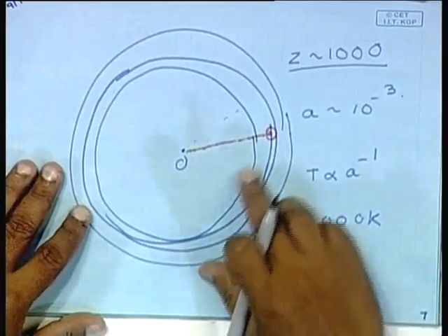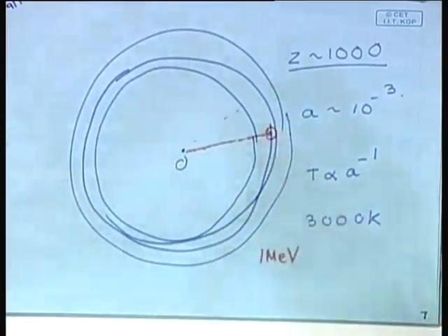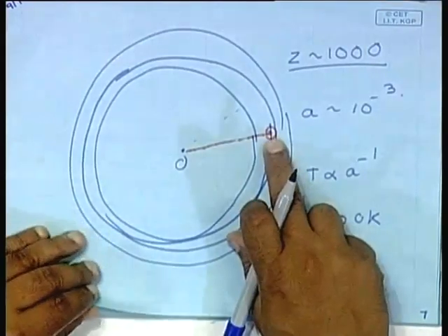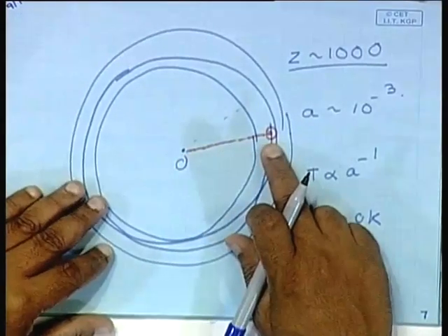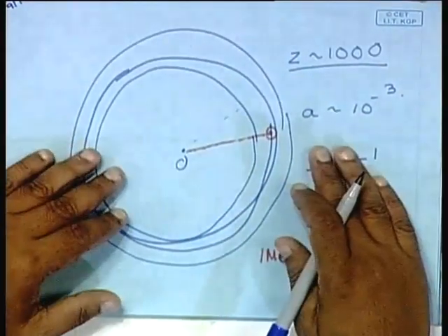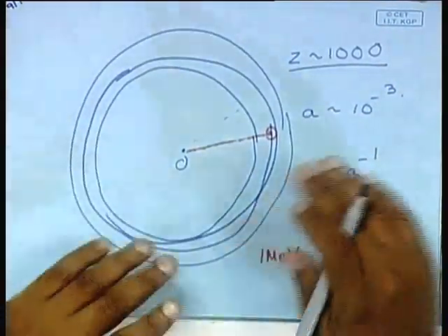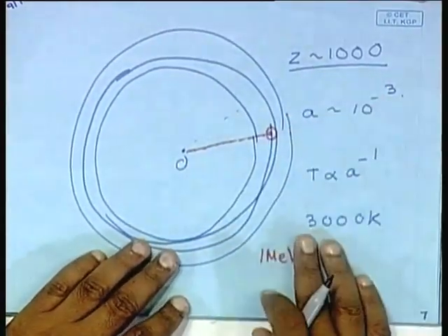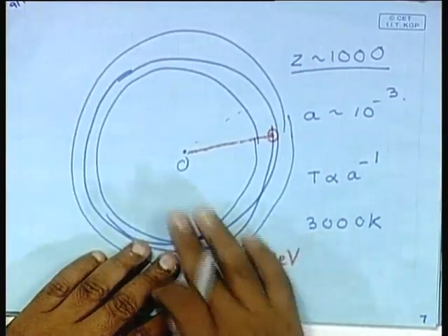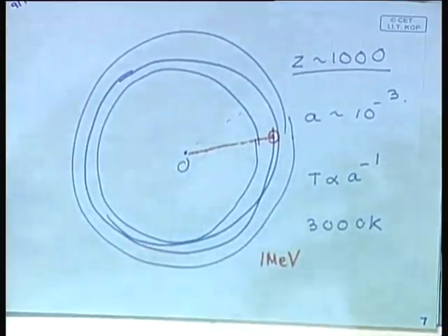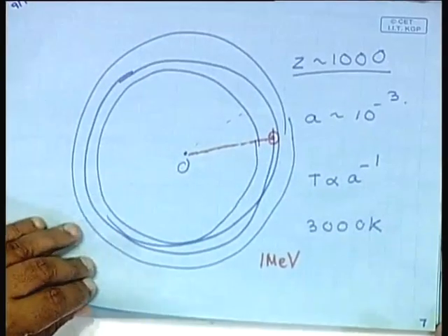Let us assume that the neutrinos were in thermal equilibrium with the rest of the constituents of the universe at some epoch very far back in the past. Neutrinos, we know, are weakly interacting particles; they do not interact much with anything now. So, even if they were there, they would just go through. But suppose way back in the past, at some high redshift, the neutrinos were in thermal equilibrium with the rest of the constituents of the universe.